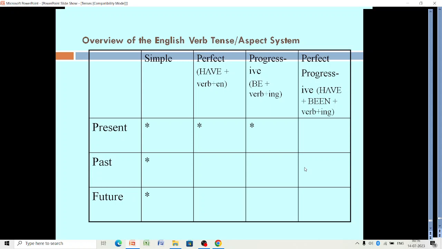So for the present, past, and future, we have seen the 3 tenses and the types and where they are being used.